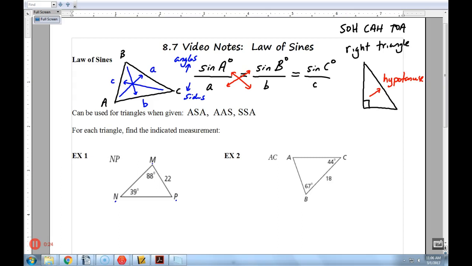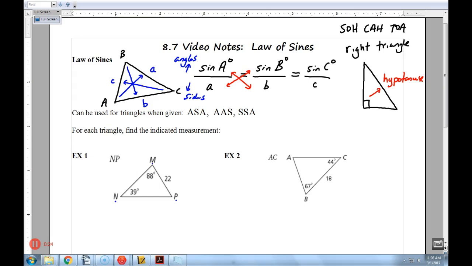Now, when can you use this? I'll be honest, I don't have this memorized. If I see a triangle and it's not a right triangle, the first thing I think is, I cannot use SOHCAHTOA. The second thing I do is try the law of sines because it's easier. The law of cosines is a much nastier equation, tougher to deal with.